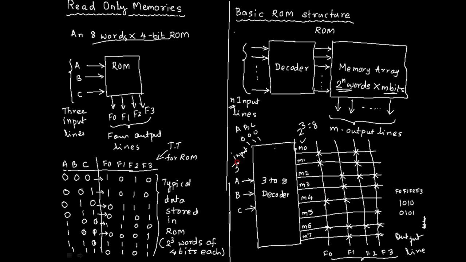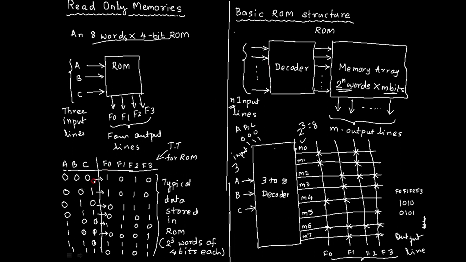So what we have understood in this example is that read-only memories are implemented with the help of a decoder and a memory array. If you want to implement this truth table, it involves 3 input variables, so 3 input variables are connected to the decoder.